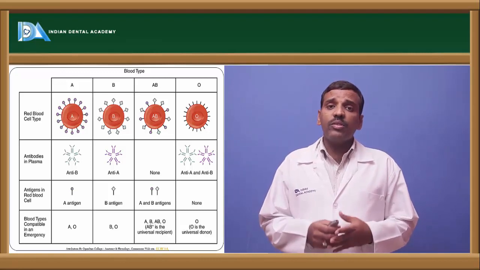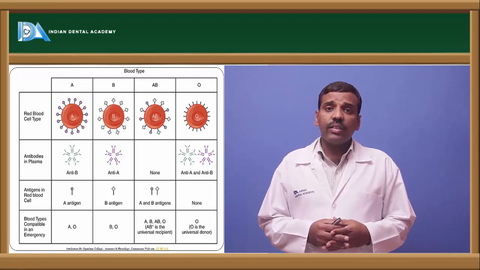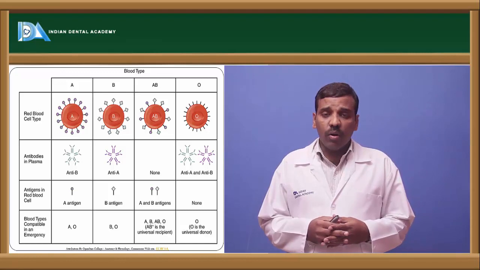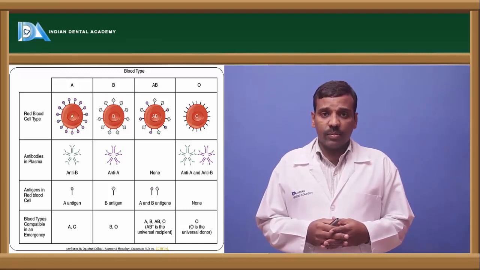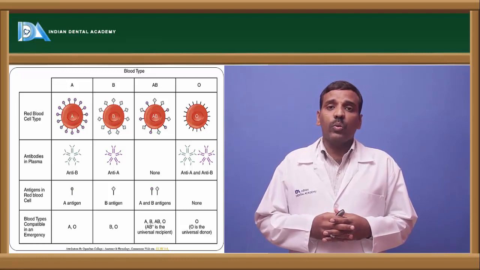Okay, come to this ABO blood grouping system. There are antigens and antibodies. Antigens are present on the surface of the RBCs and antibodies are present in the plasma. According to this, Landsteiner proposed two laws.